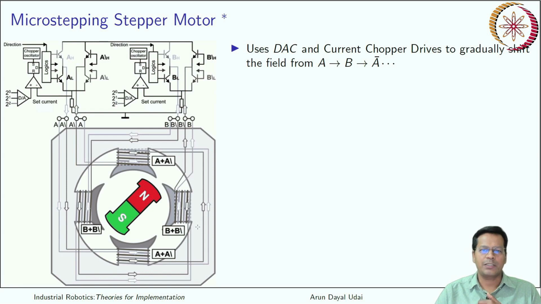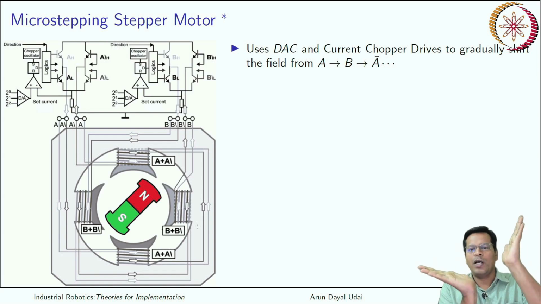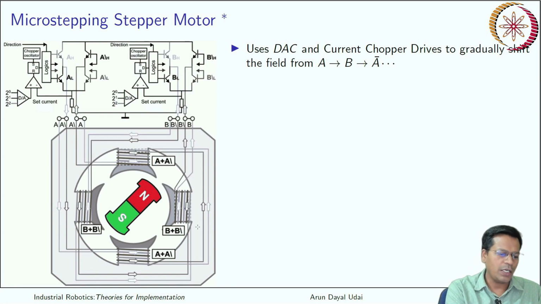So it requires a special type of drive known as a current chopper drive, which will gradually shift the field. How can it shift the field? Because when one pole is high, this one gradually dies off, and the other one gradually picks up. So you have two poles, and effectively energy is transferred from one pole to the other.